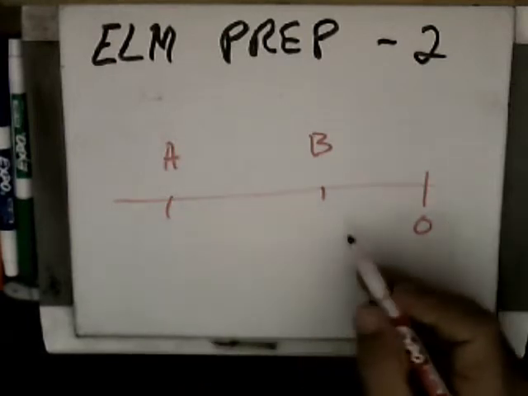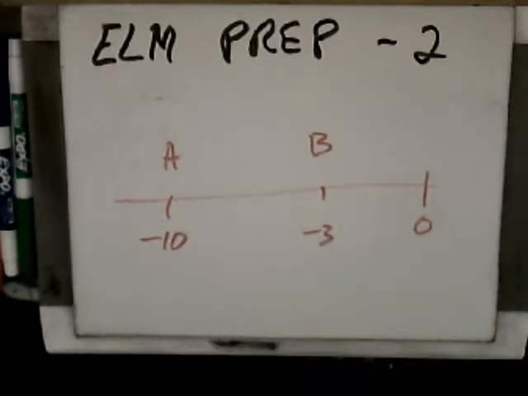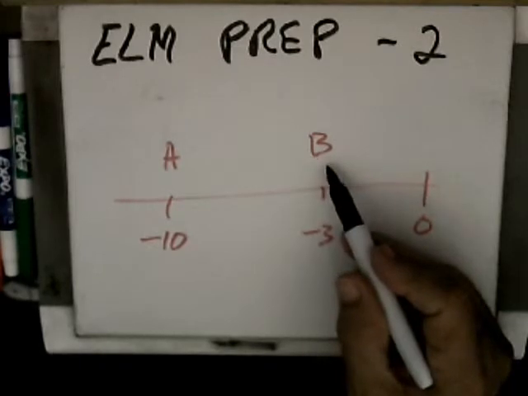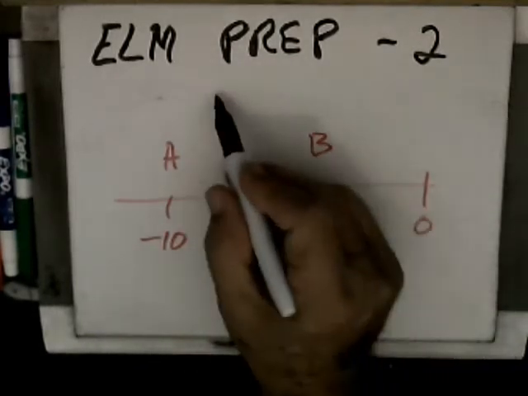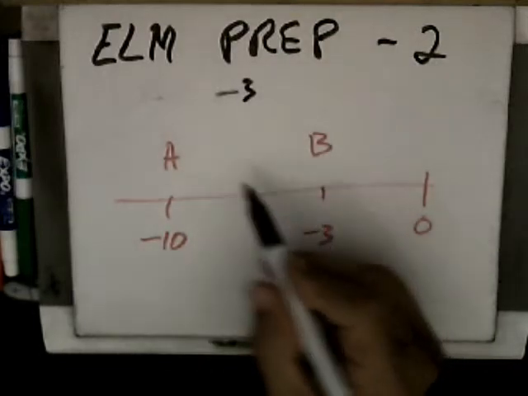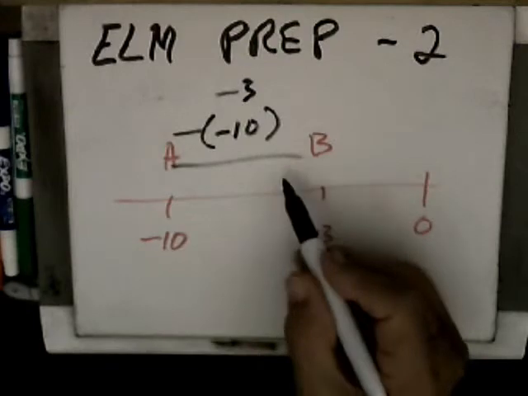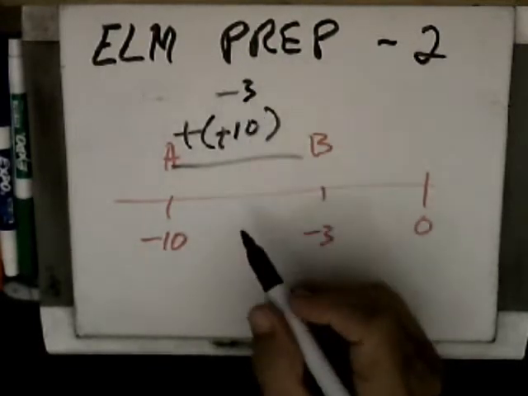So let's just say that this is -3 and this is -10. And I want to know the difference between them. Well, we said the distance between them was the final destination minus the original destination. So I could say, well, if this is the final, -3, and I'm going from there to there, minus a -10, well, this becomes a positive, and 10 minus 3 would be 7.